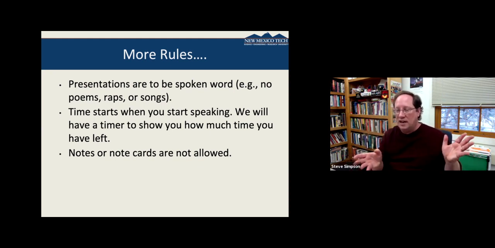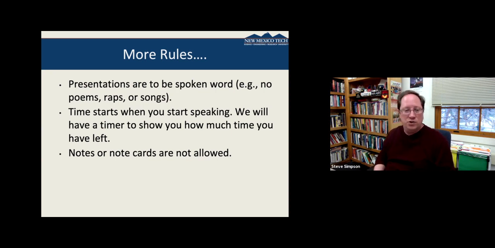We have your slide up, and then you get to start speaking. And that way we can make sure that you're not muted or there's not a cat crawling around in the background and things like that. But the idea is as soon as you start, it starts. So you can't stop and do it over again. You have to keep going.